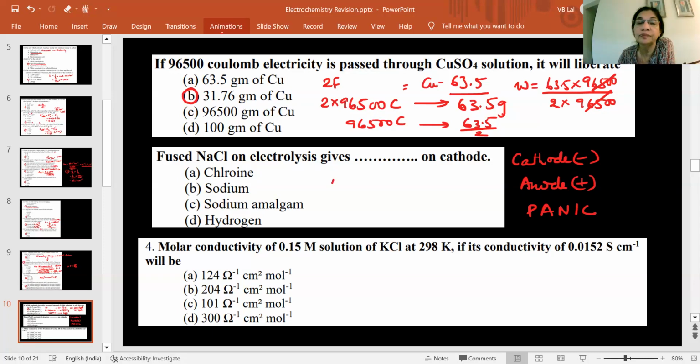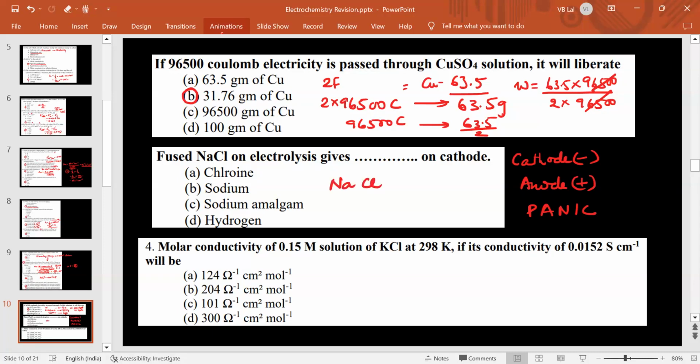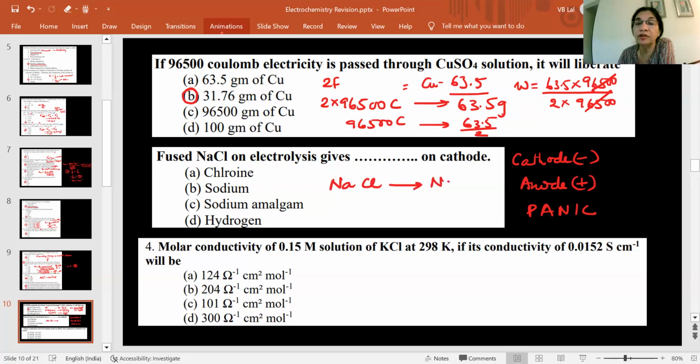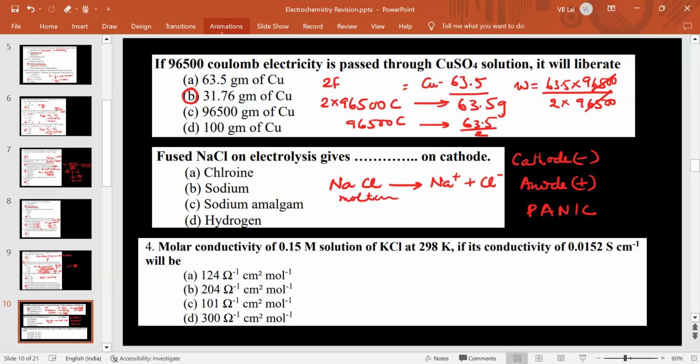Vishal, tell me. Molten NaCl will give which ions? Na plus and Cl minus. What is the positively charged ion? Sodium. And what is the cathode? Negative. So where will sodium go? To the cathode. Did you understand?